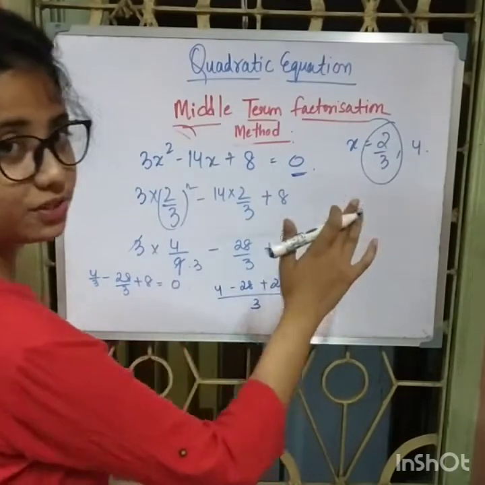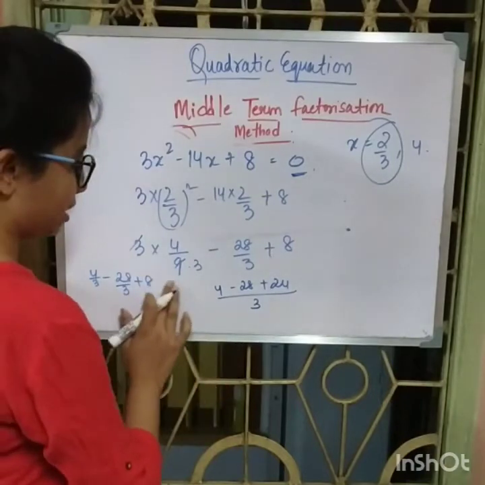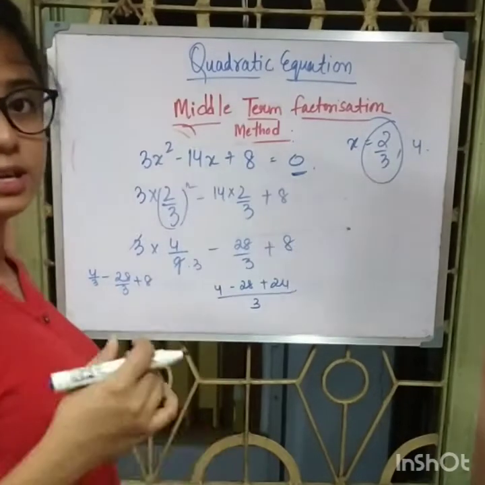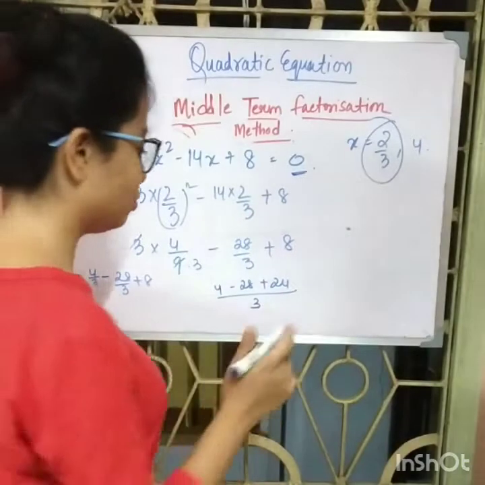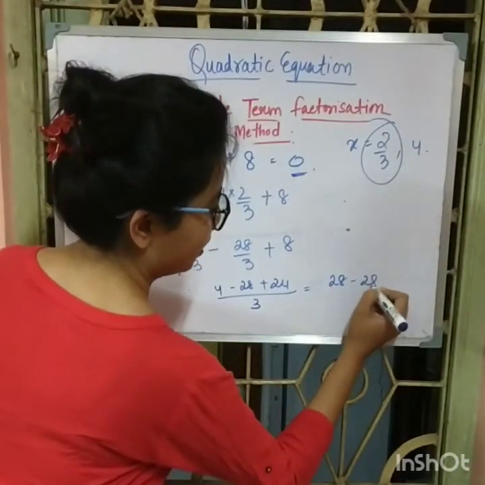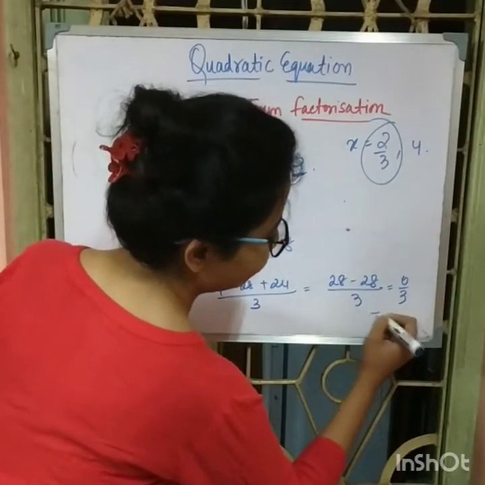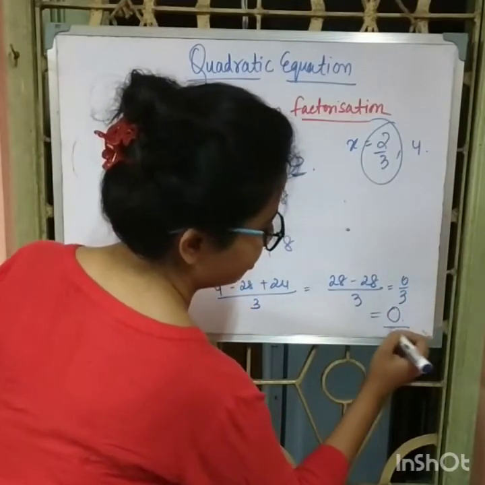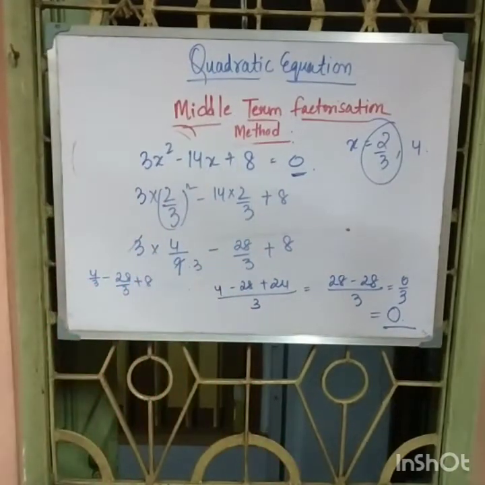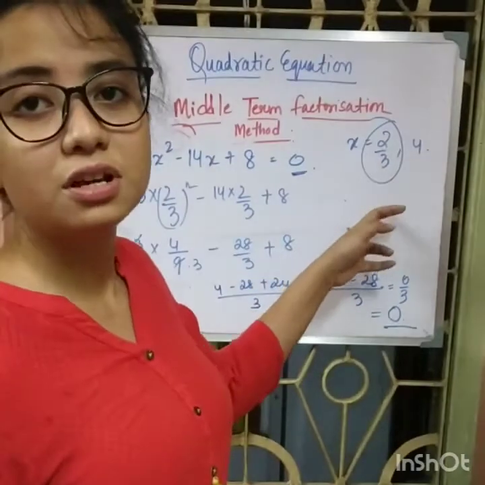We are just solving the equation, so we need to check whether the answer is coming to 0 or not. So here we get 28 minus 28 is equal to 0 by 3. Finally, we are getting the answer 0. So yeah, this solution is right.